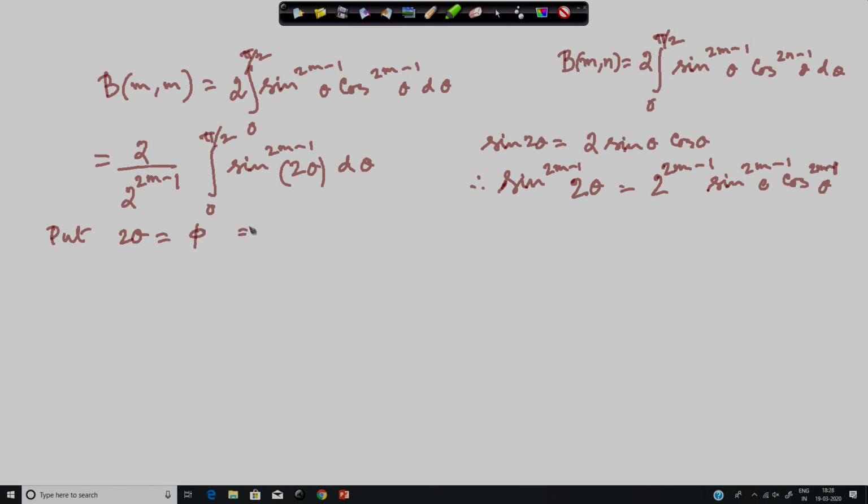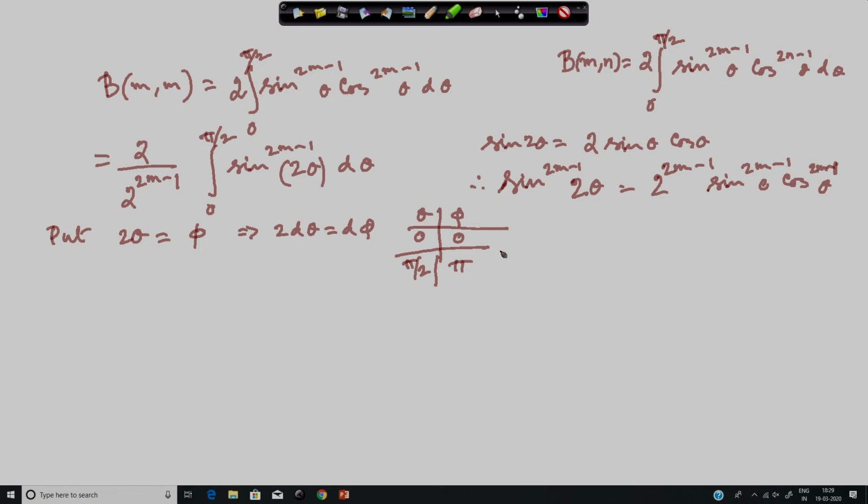So, 2 dθ is dφ, and what about the limits of φ? When θ equal to 0, φ is also 0. When θ equal to π/2, φ is π.